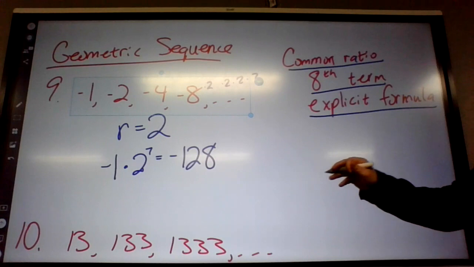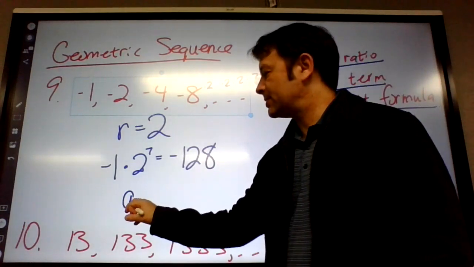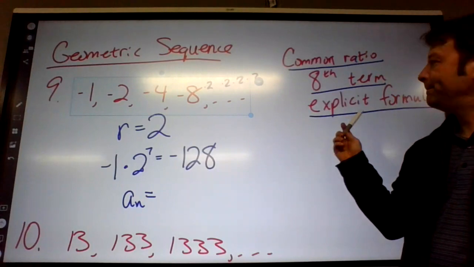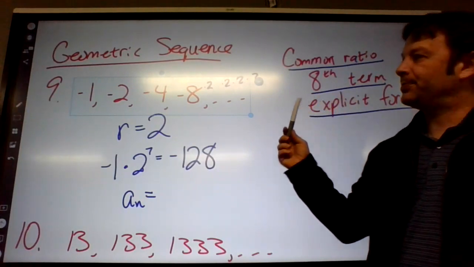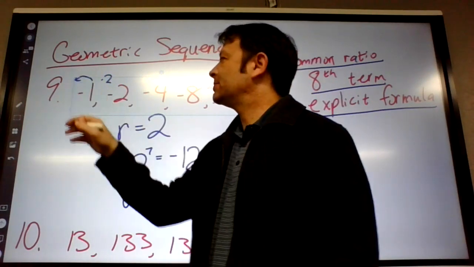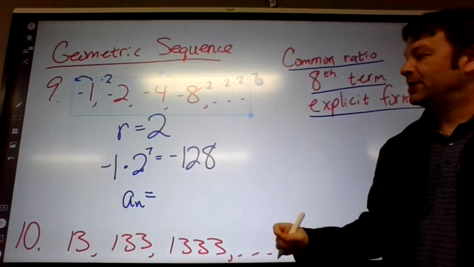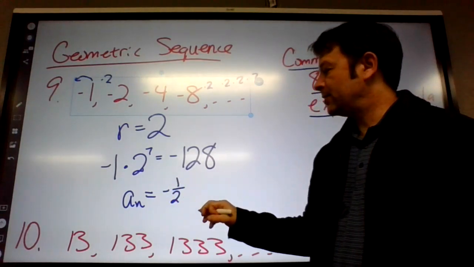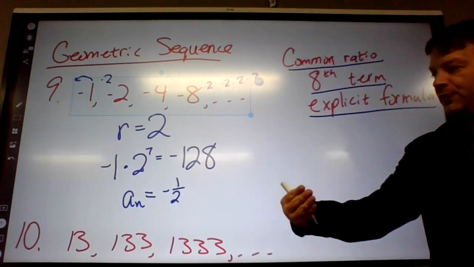Okay, explicit formula. How do we find explicit formulas? Back up one step. So if this is times 2, how do I go this way? Divide by 2. -1 divided by 2 is -1/2. Now how do I move forward?